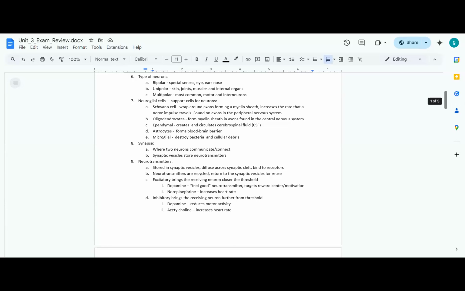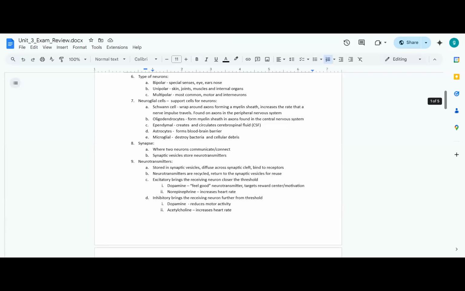The astrocytes, sometimes they call them astro, like star. They're kind of the star of the neuroglial cells. They form the blood-brain barrier that helps restrict the movement of certain types of molecules from entering into the brain. So they're protective, trying to protect the brain.